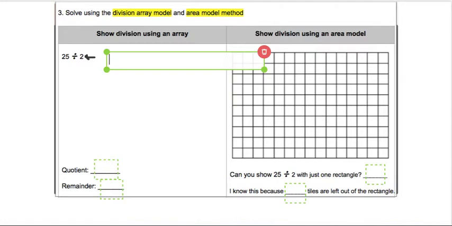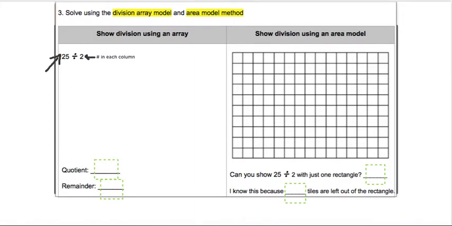If you said how many are in each column or the number in each column, you are absolutely correct. It tells me the number in each column. We're going to go ahead and add that note. And what does 25 tell us? It's our bigger number and it tells us, if you said the total, you're absolutely correct. It tells us the total, you guys.